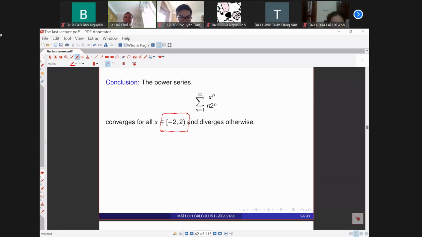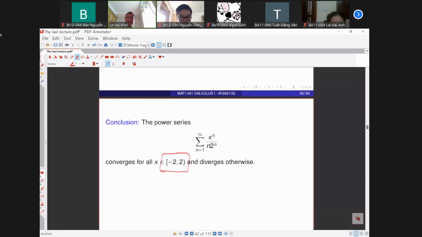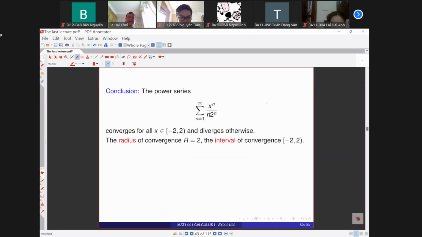Okay, so radius 2, interval from negative 2 to 2, including negative 2 but excluding 2. Okay.